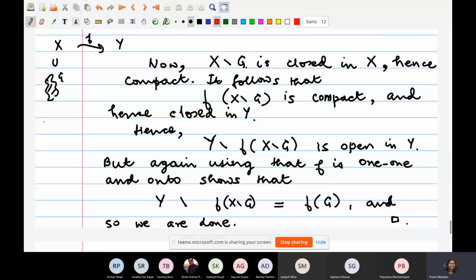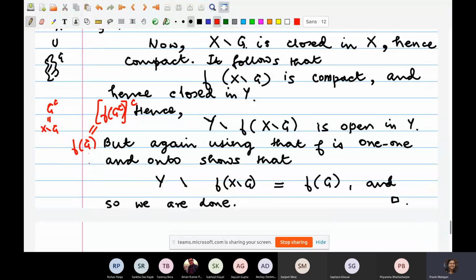G is a subset of X, and so is the complement of G, which I'm writing as X minus G. Now I am applying f here, so I get f of the complement of G. This is a subset of Y, and I am taking its complement in the set Y. Now this is exactly going to be f of G, is what I'm claiming.